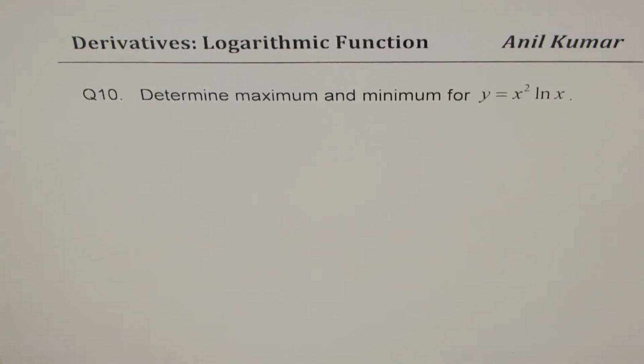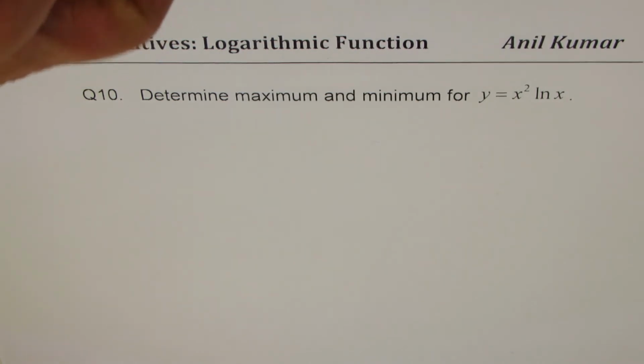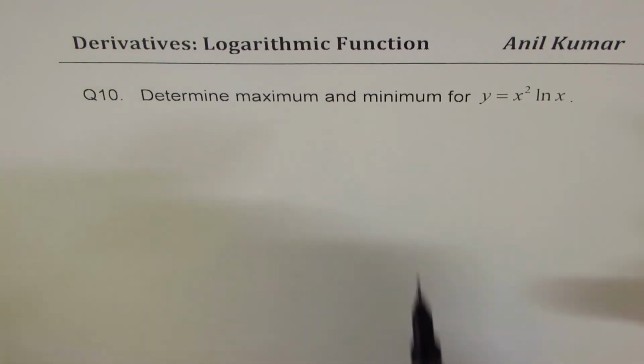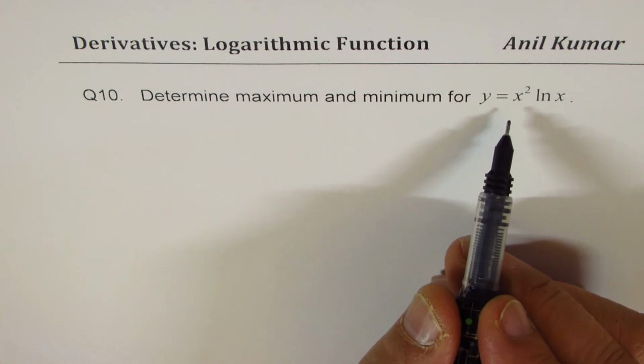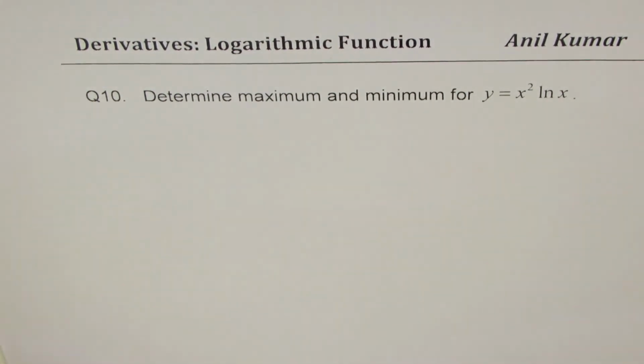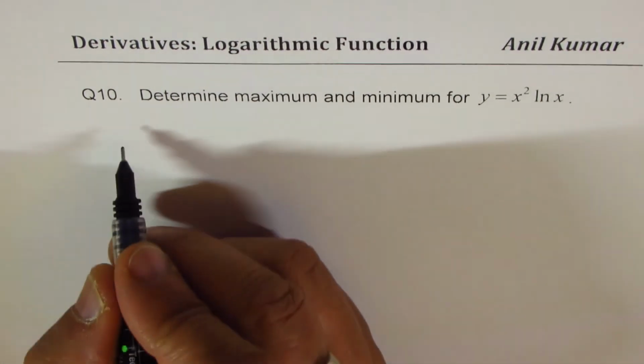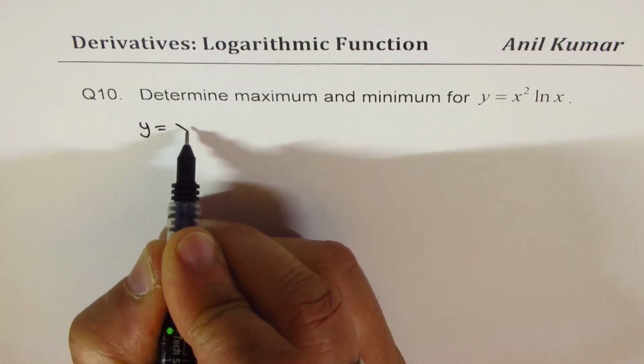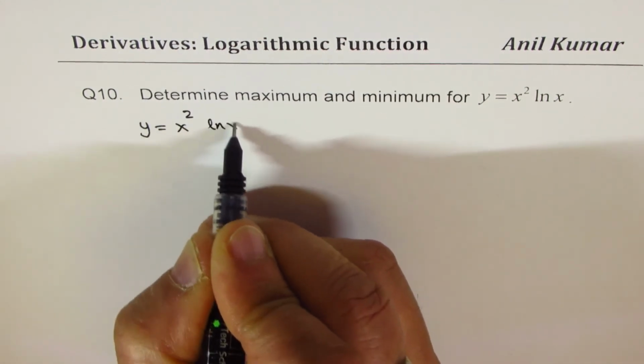Question number 10 is determine the maximum and minimum for y equals x squared ln x. So I'd like you to pause the video, answer the question, and then look into my suggestions. Now in this case, to find maximum and minimum, we need to find the first derivative and analyze the second derivative. So we are given y equals x squared ln x.